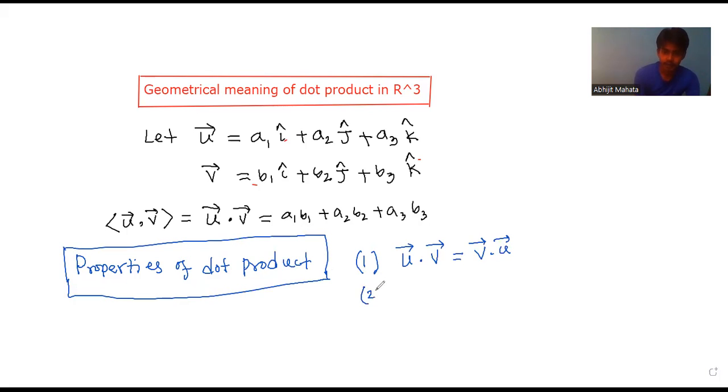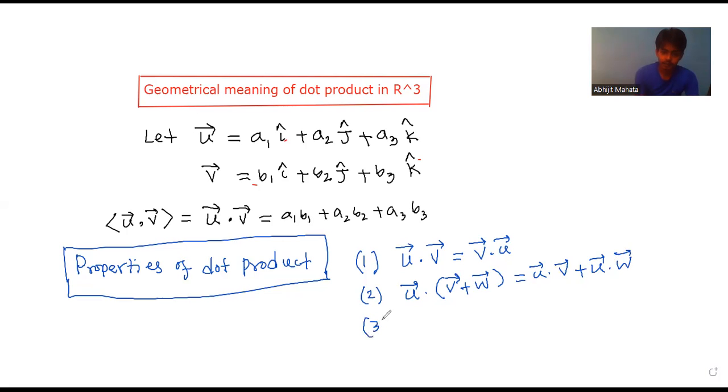Then second, if you take the dot product u dot (v plus w), it is the same as u dot v plus u dot w.